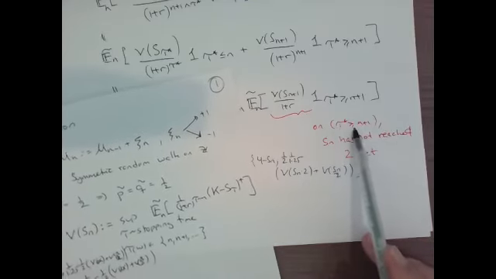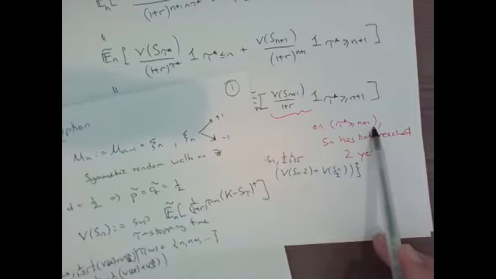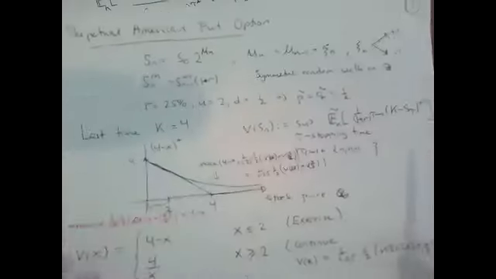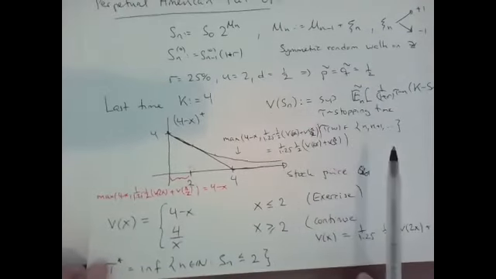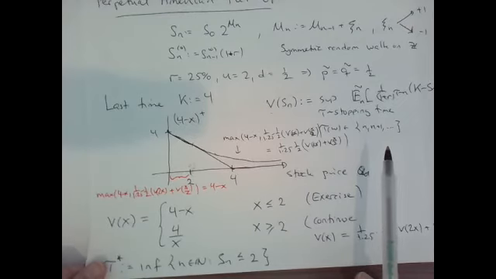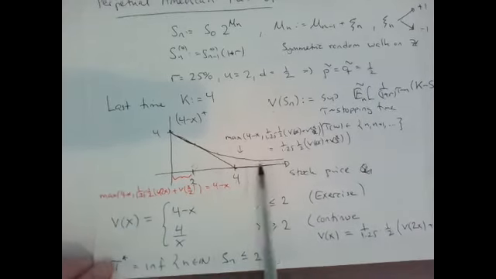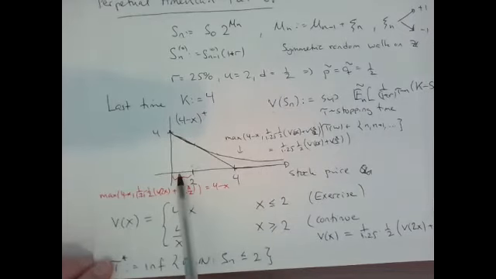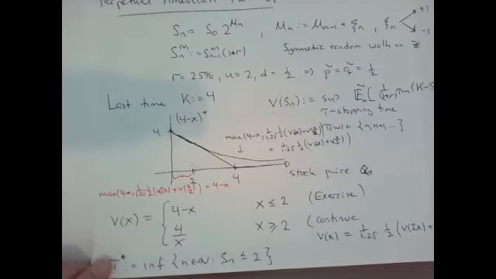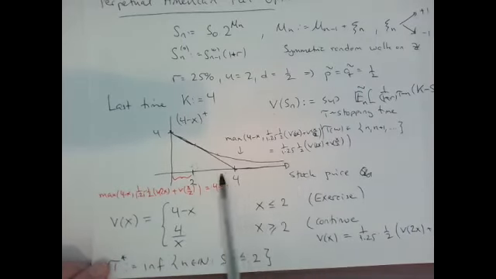Tau star is bigger than n plus 1. So where's the stock price at time n? Is the stock price out here or is it in here? It hasn't reached 2 yet. Well, there's no doubt, then it's got to be out here.